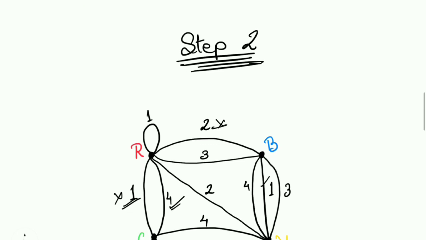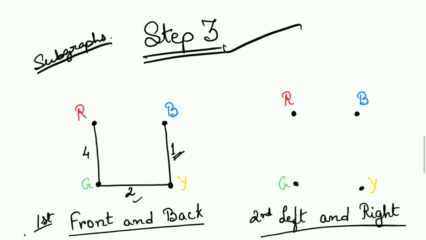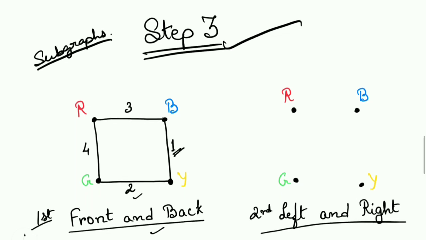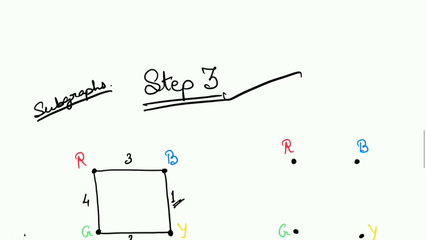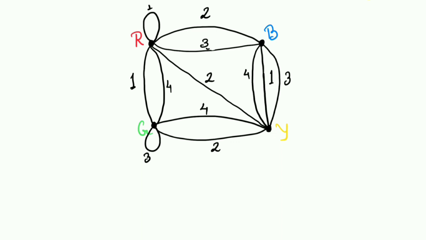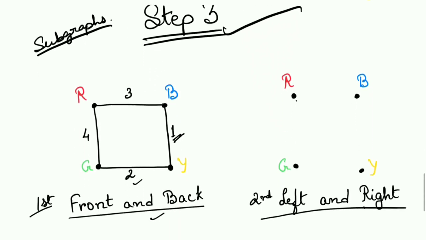We have edges 2 and 3, but we have already considered edge 2 for green and yellow, so we can't repeat. So we will take edge 3 for red and blue. In this way the subgraph for the front and back pair is completed, where each edge occurs only once. Now for the next one, left and right.